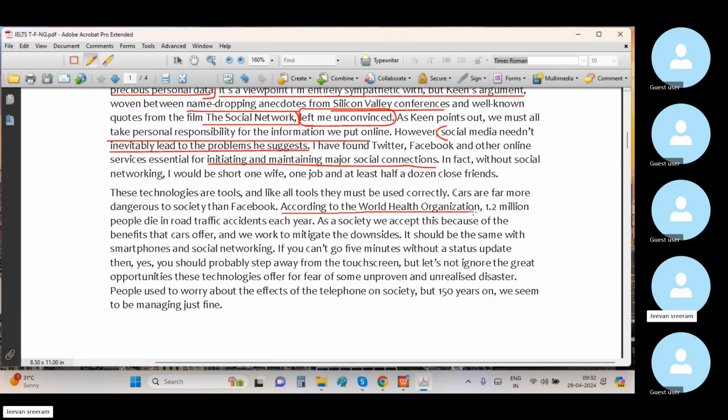According to the World Health Organization, 1.2 million people die in road traffic accidents each year. So the author has just presented data which was already presented by the World Health Organization. And again, there is no information that the World Health Organization is actually concerned about the addictiveness of social networking sites. Its data only says 1.2 million people die in road traffic accidents.